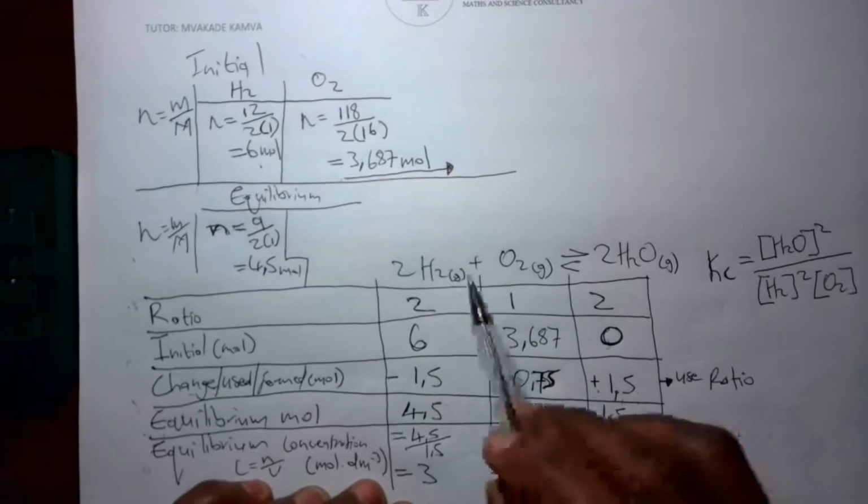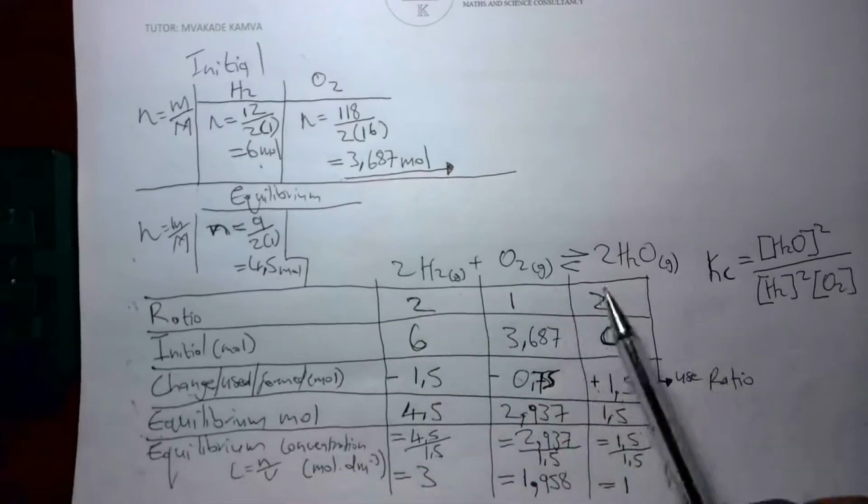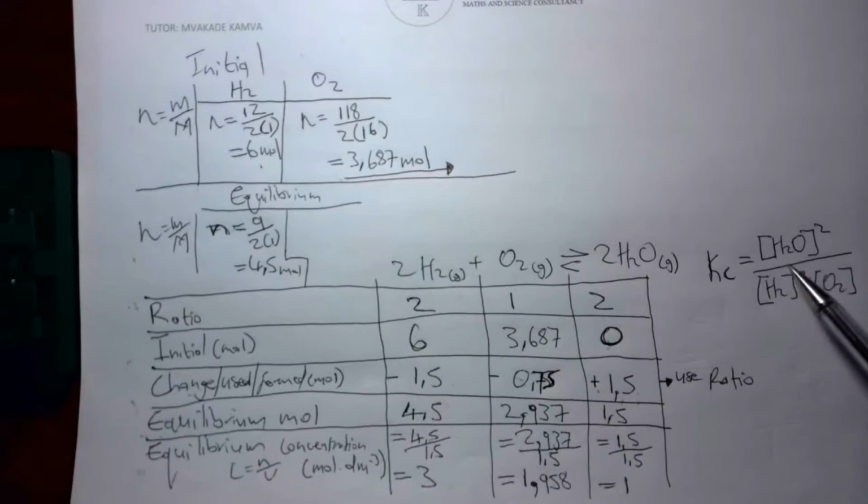Okay, all these are gases. It's only solids and pure liquids that we do not put in our Kc expression. Okay, they are excluded. Solids and liquids are excluded, while the aqueous solutions and the gases are included in the Kc expression.